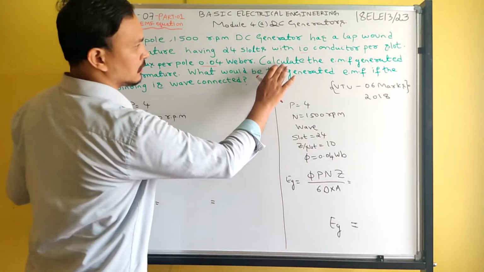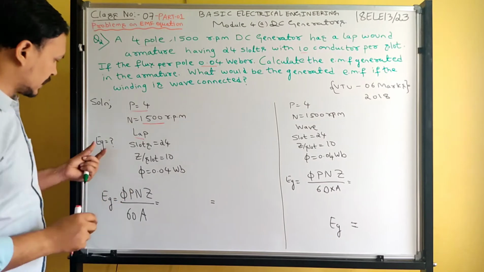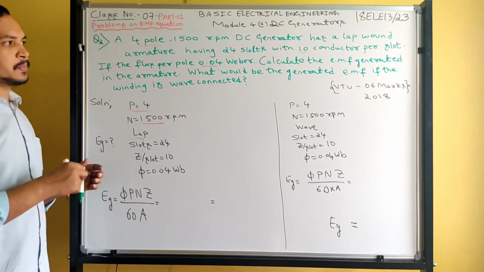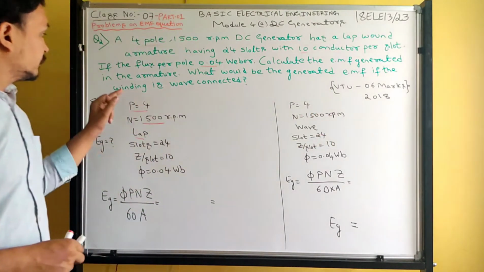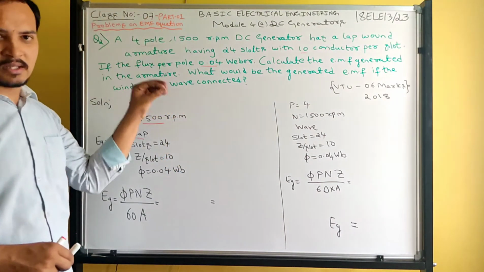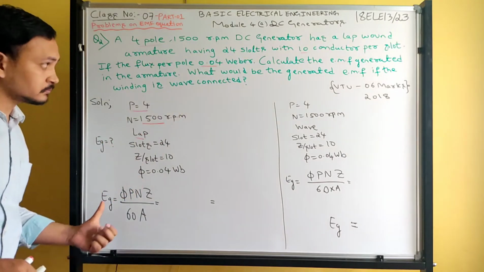They ask to calculate the EMF generated in the armature. So you should calculate Eg. This is the first part. The second part is what would be the generated EMF if the winding is wave connected. All data is the same. If it is lap connected, you find Eg.